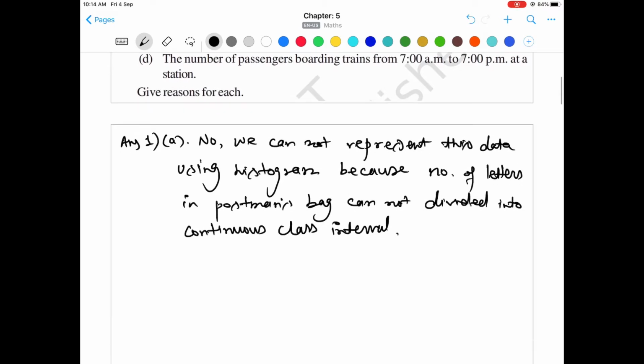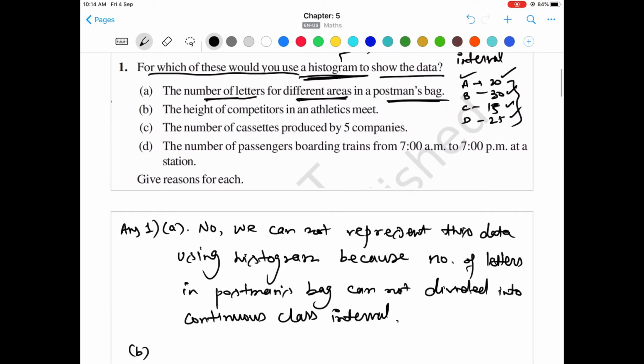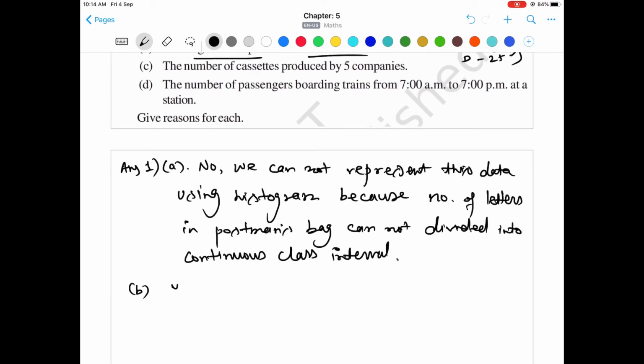Now moving ahead to part B. The statement here is the height of competitors in an athletic meet. The question is, can we represent this using a histogram? The answer for this one will be yes. Why yes?